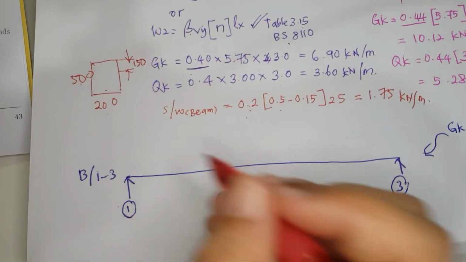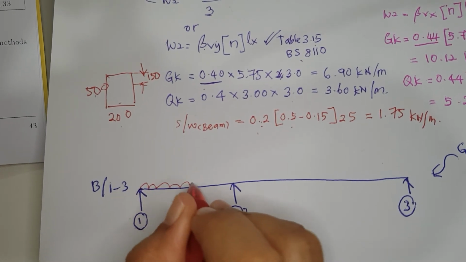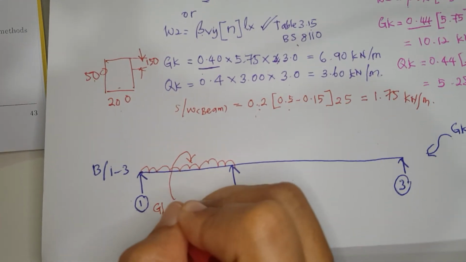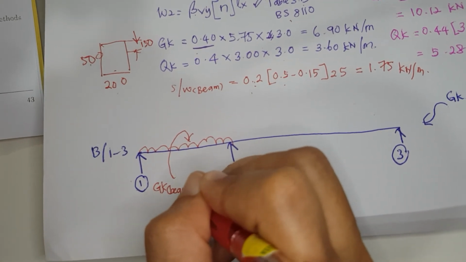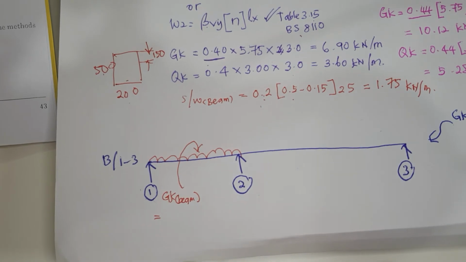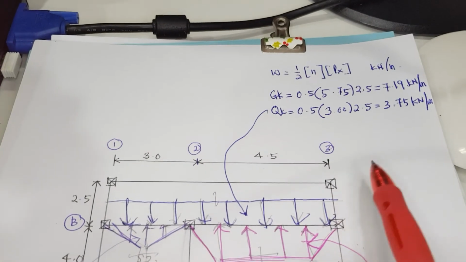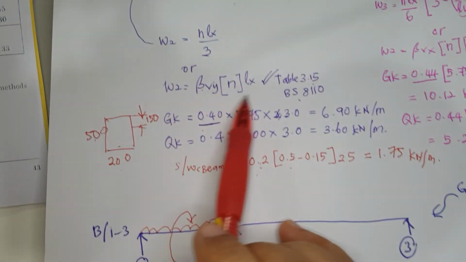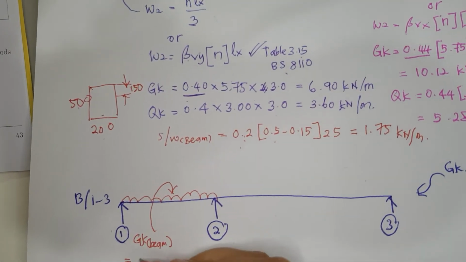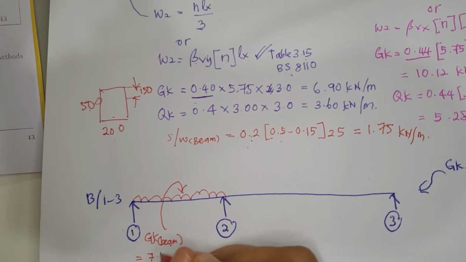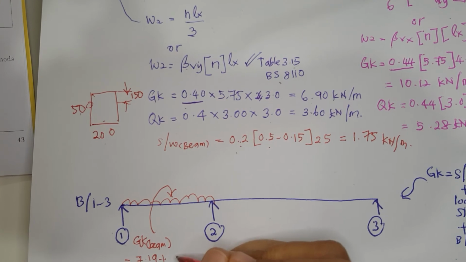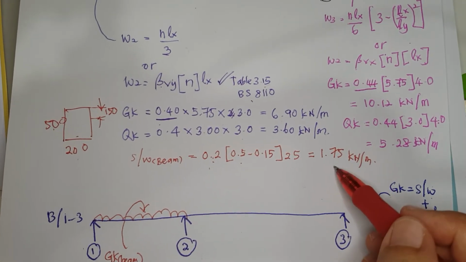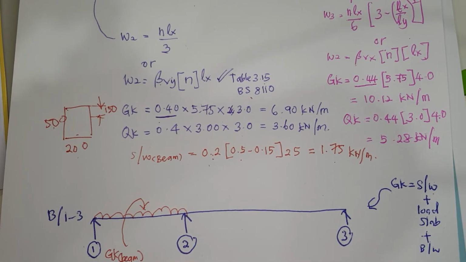So this beam will receive GK from slab number 1, which is 7.19, plus GK from slab number 2, which is 6.90, plus self-weight of the beam 1.75 GK.